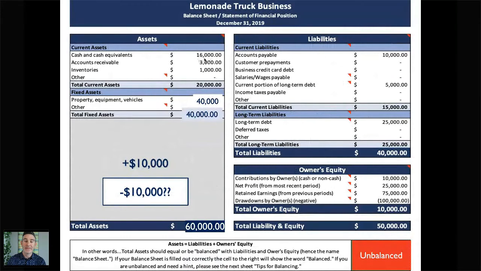So instead of $16,000, you've spent $10,000, which brings you down to $6,000, and your current assets are reduced by $10,000, and your total assets are reduced. You're back to the original number, $50,000. So you added 10, but you also subtracted 10 from the same side, so you end up with the same original number. Those are just tips on how to keep your balance sheet in balance once you've gotten it balanced.